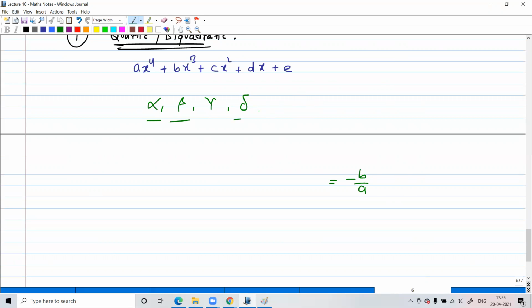These are the 4 zeros because this is a 4th degree polynomial. Everyone following me so far? Everyone is with me? Sir, what is the last zero you told? Delta. Alpha, beta, gamma, delta. That is the sequence normally people follow.